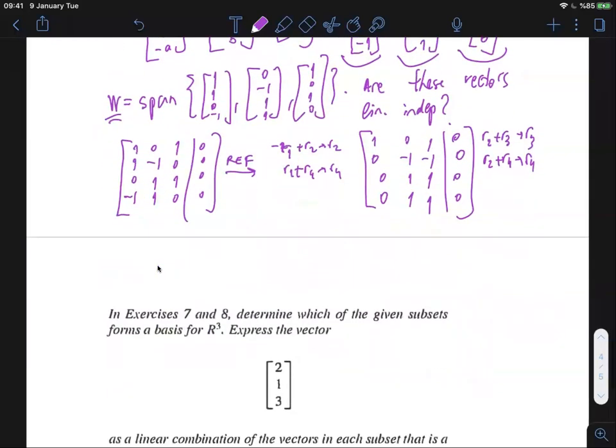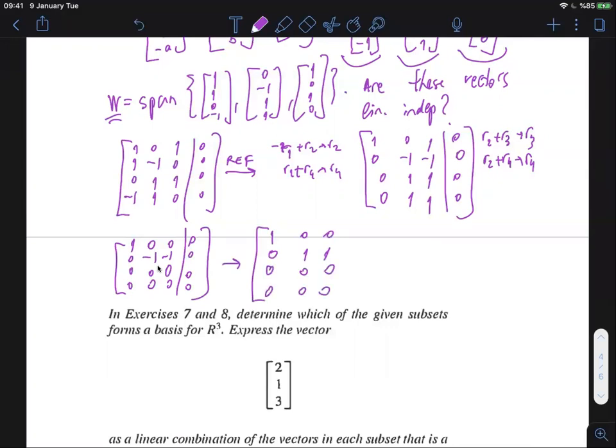So if we do this, what do we get? We get 1, 0, 0, 0. 0 minus 1, 0, 0. 0 minus 1, 0, 0. Okay, so these two are in the same line. We have this. Okay, so we can also write this in this form: 1, 0, 0, 0, 1, 1, 0, 0, 0, 0, 0, 0.